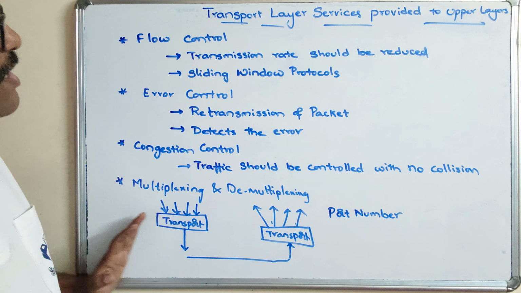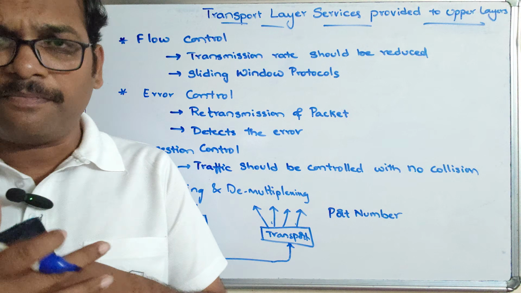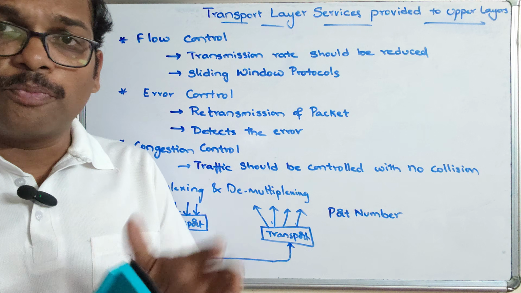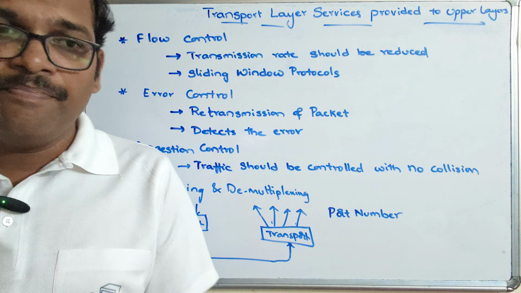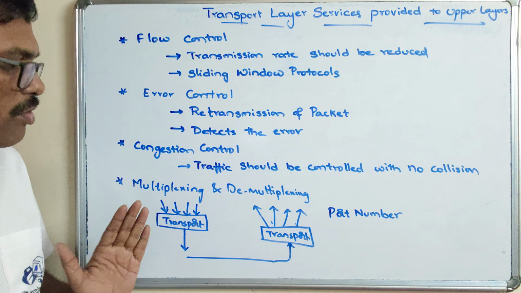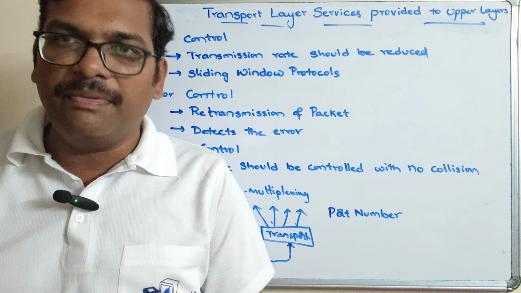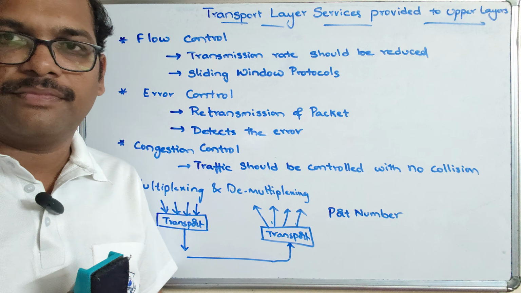All these are the different transport layer services provided to the upper layer: process to process delivery, segmentation and reassembly, connection control, flow control, error control, congestion control, and multiplexing and demultiplexing.